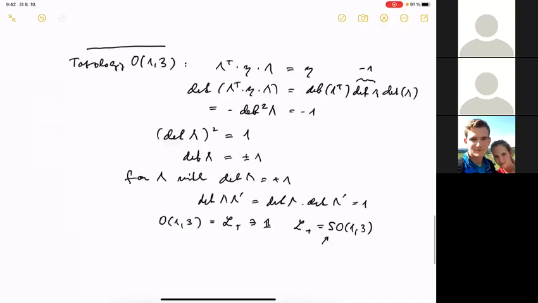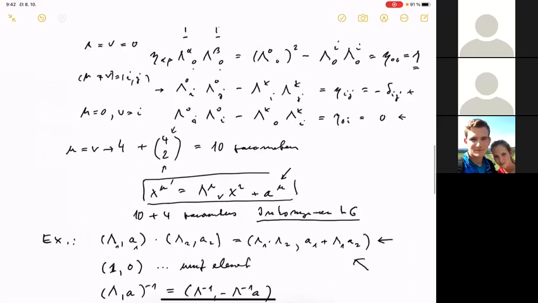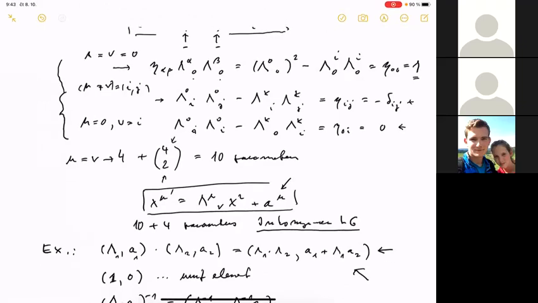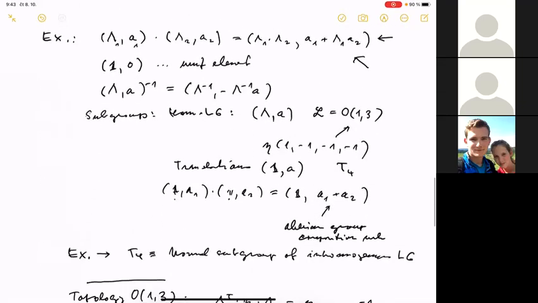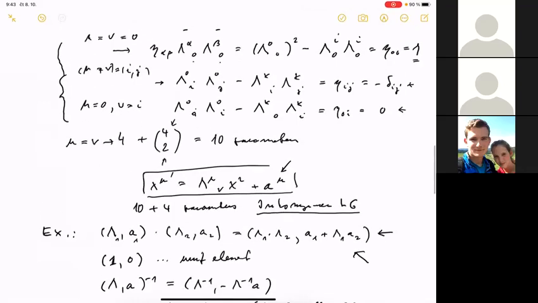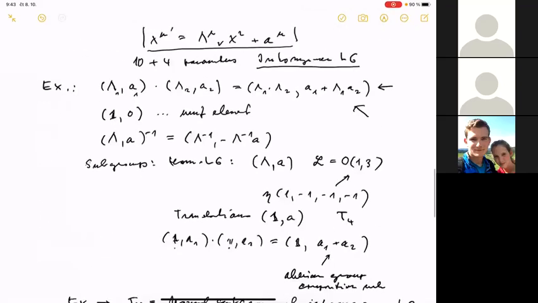We can also return back to the defining equations written in components, and we will concentrate on this one. We see that if we rewrite this, we can write it in the form of lambda 0,0 squared, and this term we will write on the right hand side.